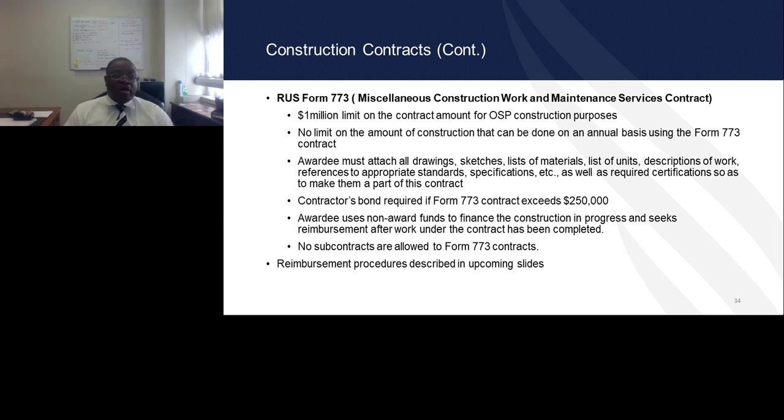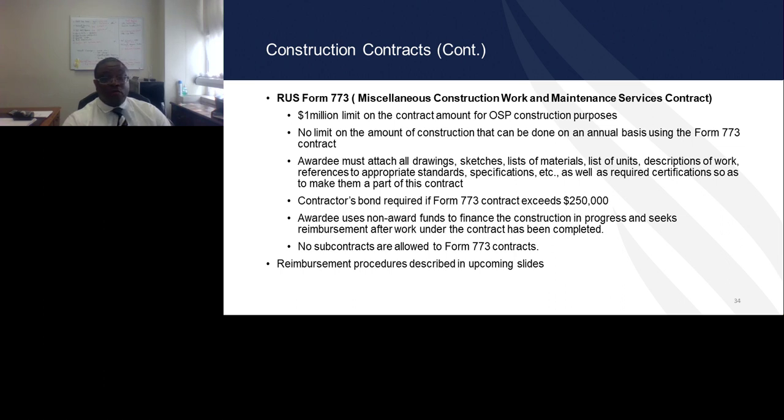The awardee will have to use non-award funds to fund the construction and seek reimbursement once the construction is completed. Please note that the 773 contract does not have provisions for subcontracting, and we will address reimbursement procedures in our upcoming slides.